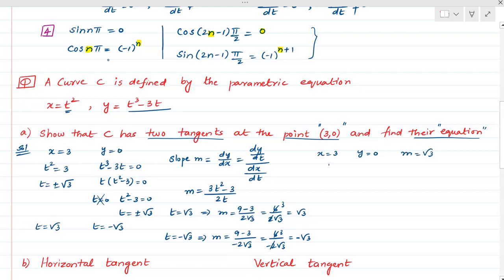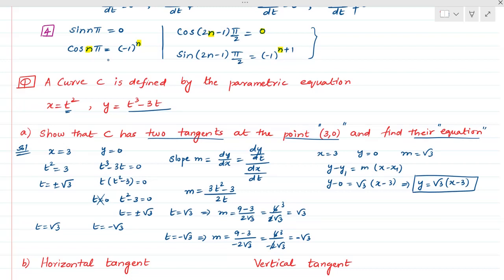You will get the equation y minus y1 equals m times (x minus x1). y minus y1 is 0 here, then m is root 3 and x minus 3. When I simplify, you will get y equals root 3 times (x minus 3). So this is one of the equations of a tangent.